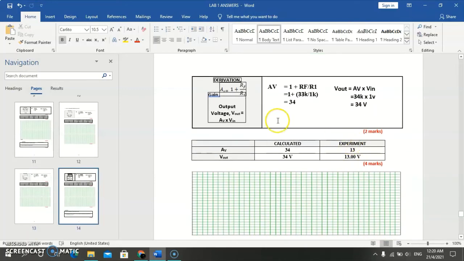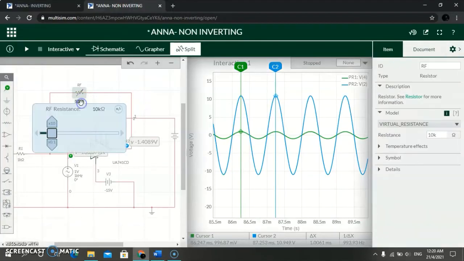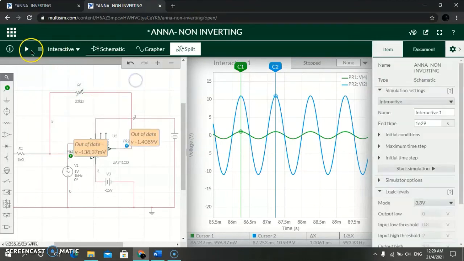Then for 33K, I already calculated the gain and output voltage, and we got 34 and 34 volts. Here we have to change the value of RF, and then we run.